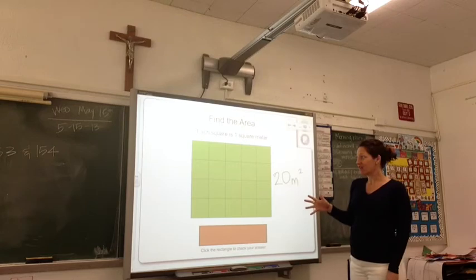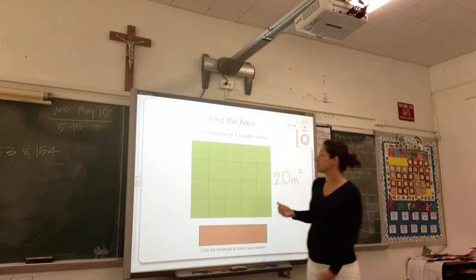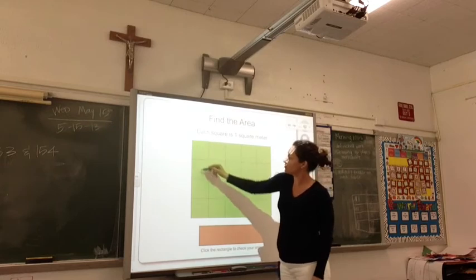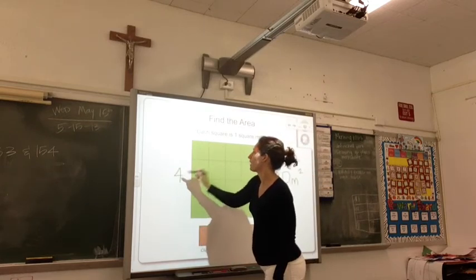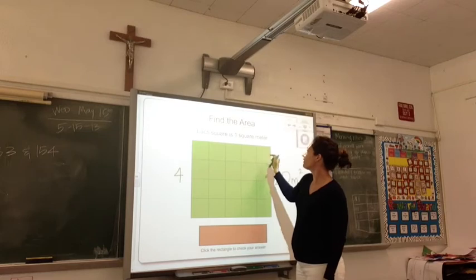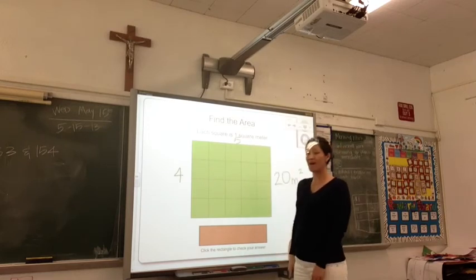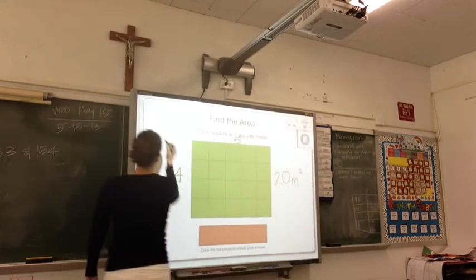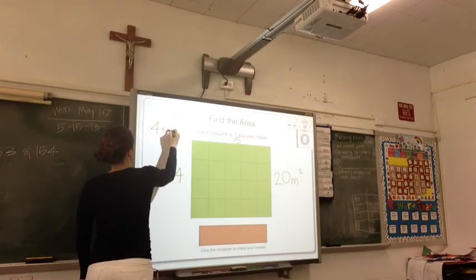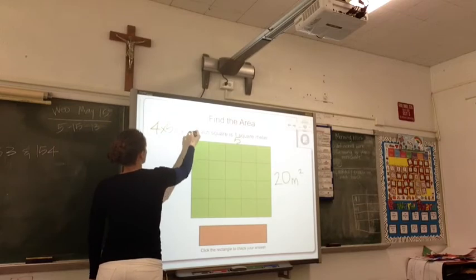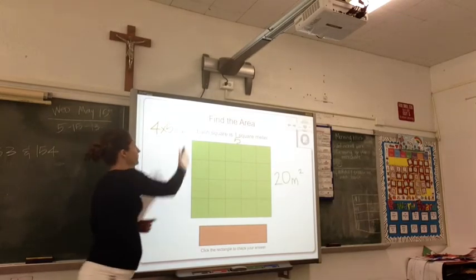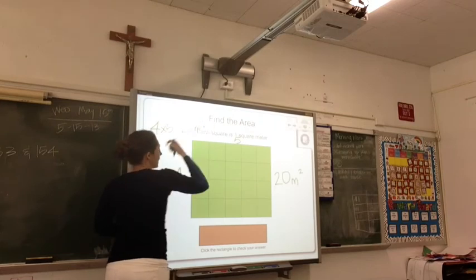Another quicker way I can find it is if I know my multiplication facts, then I can count the sides. This side is 1, 2, 3, 4, and this side is 1, 2, 3, 4, 5. So now I can multiply the length times the width, and if I take 4 times 5, I get 20. So again, 20 meters squared would be my area.